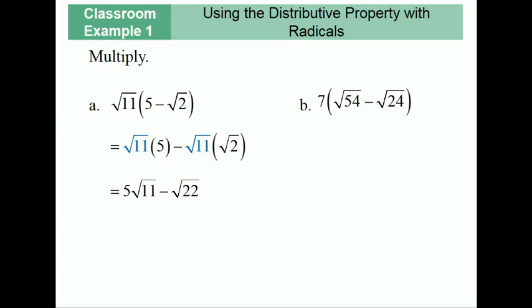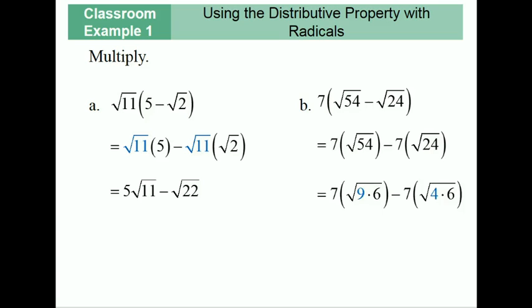So now we're looking at part B, where we're going to get a distribution of that 7 across those two radicals there. Alright, let's go ahead and look at the next step. So there's the distribution of 7 across that binomial. Then here we have our next step.